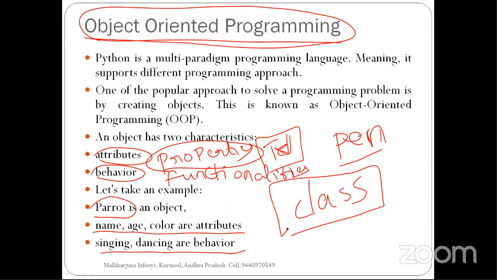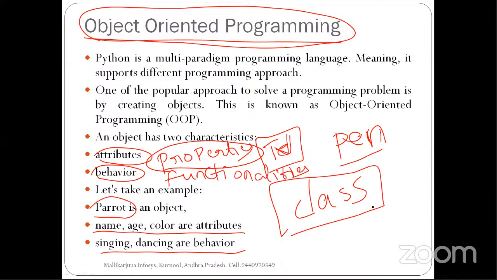Every language is using class as a topic to implement object-oriented programming, like C++, Java, .NET, and now Python also. Every object-oriented programming language must contain the concept called class. So Python also has a class to implement object-oriented technology.